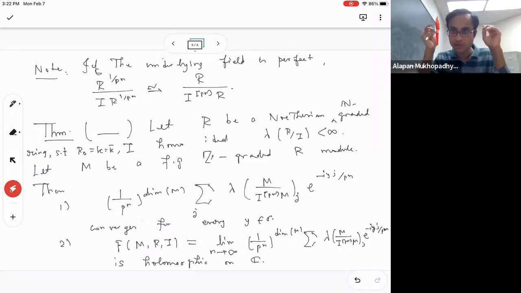So the definition is a bit of a mouthful. But although it looks a bit scary, remember that it's just a limit of Hilbert functions. Okay, and right away, note that if I plug in y equal to 0, everything here is just 1, and if I take the limit, I end up getting the usual Hilbert-Kunz multiplicity.